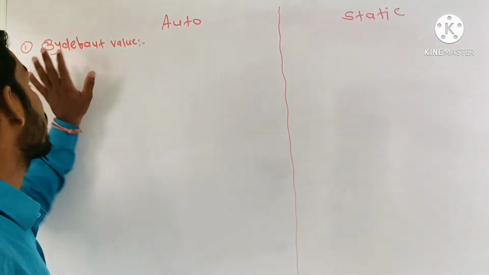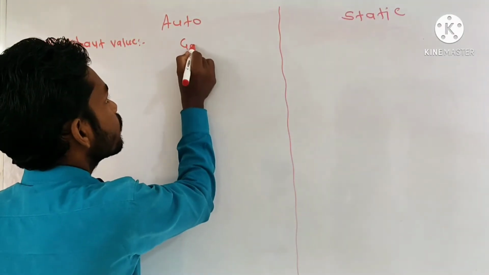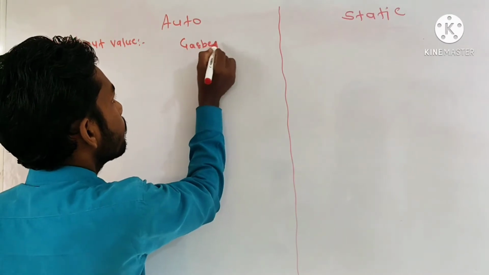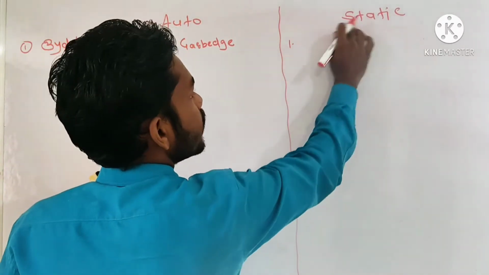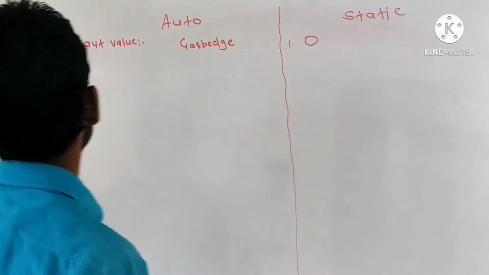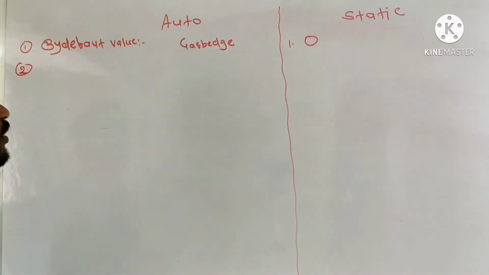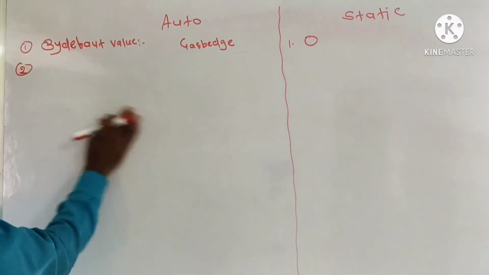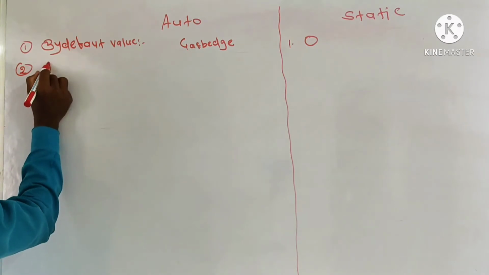Now first point, default value. The default value of the auto variable is definitely garbage. Here the default value of static variable is 0. Second point, declaration.